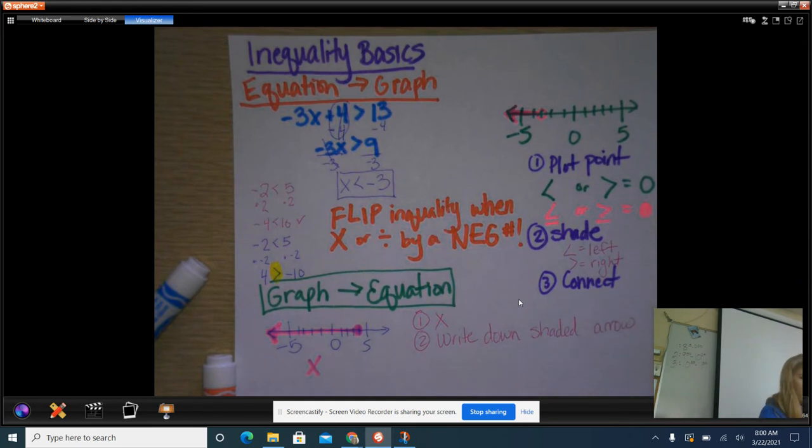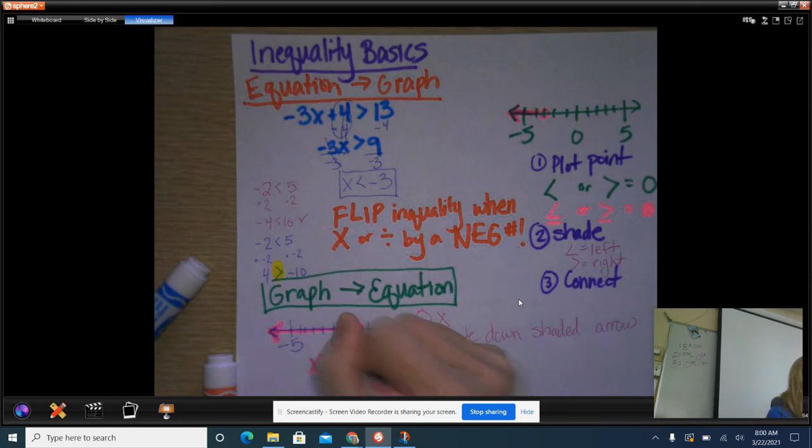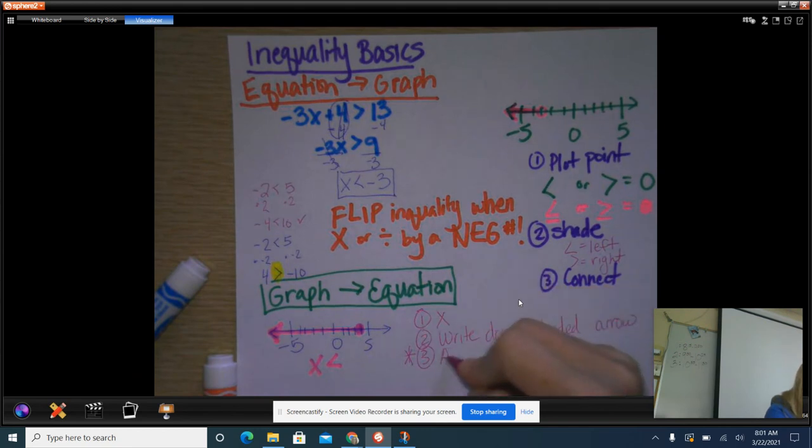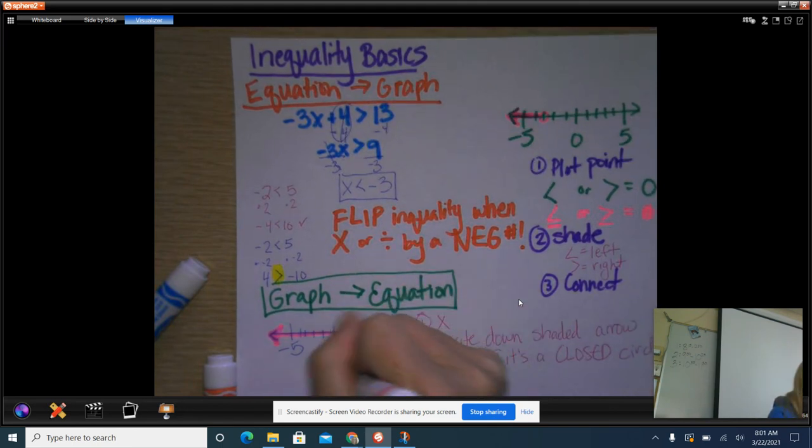And this, of course, you see your shaded arrow is this direction, and that looked like this inequality, like that. Step number 3, and this is a sometimes step, add your equal to underneath if it's a closed circle or a closed point. And as you can see, it is, so we're going to make that an equal to.